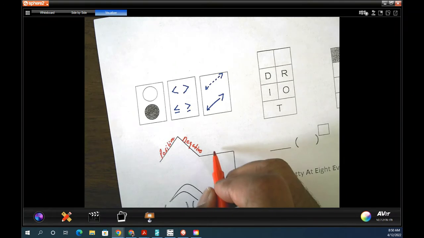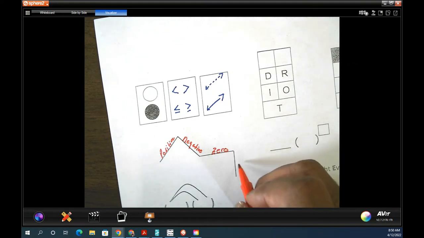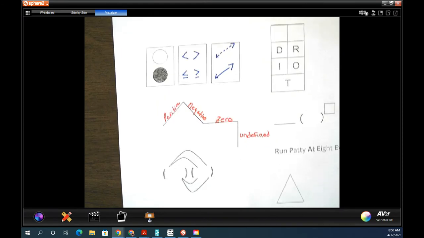When it's horizontal, the slope is 0. And here is undefined. When it's vertical, it's undefined.